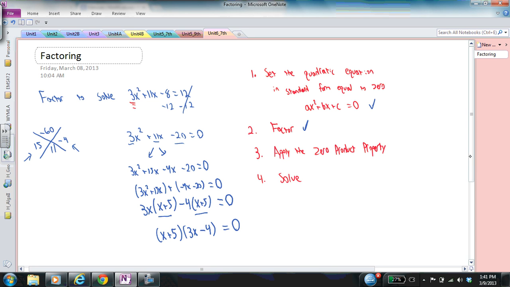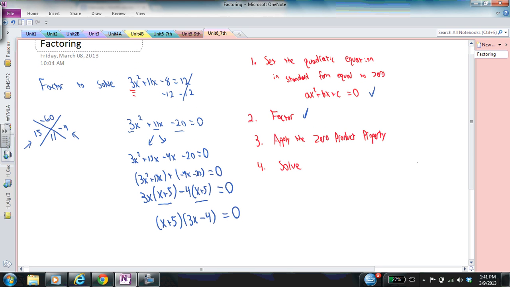So now we can apply the zero product property, which says that I can set each of these expressions equal to 0. So either x plus 5 equals 0 or 3x minus 4 equals 0. And if you want to, it's not a bad idea to check and make sure that we factored correctly in the earlier steps.